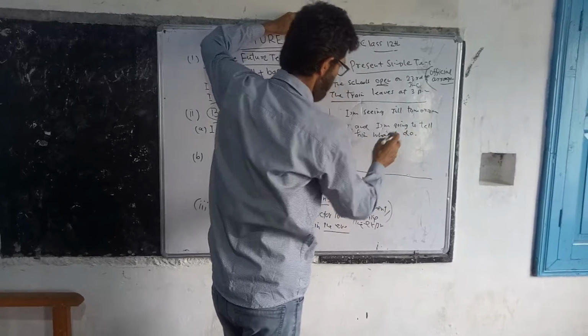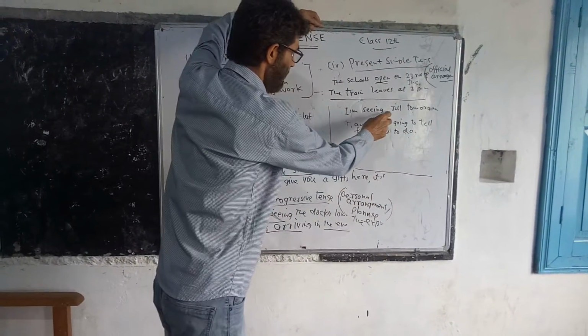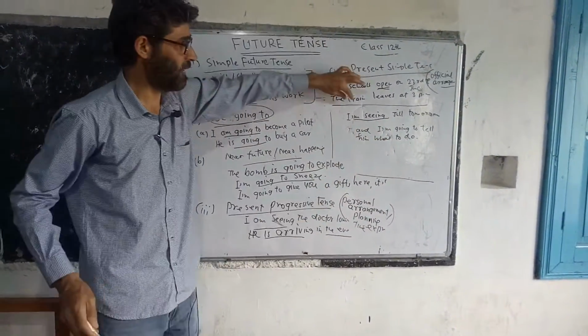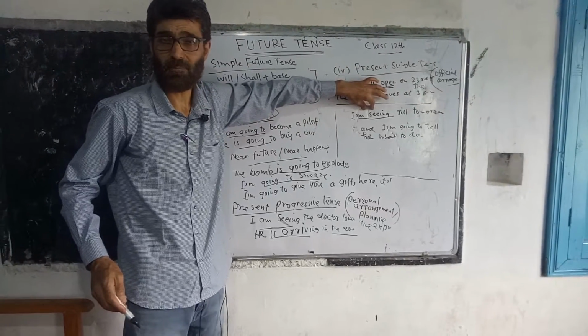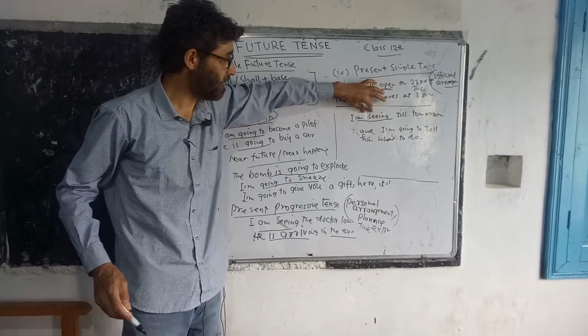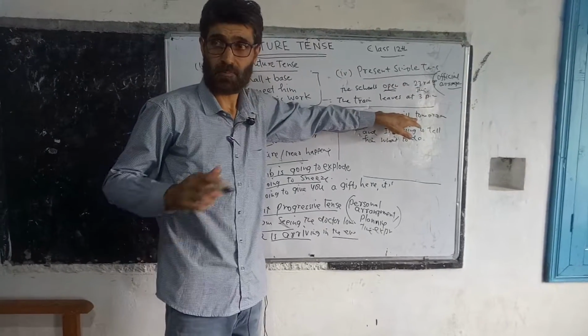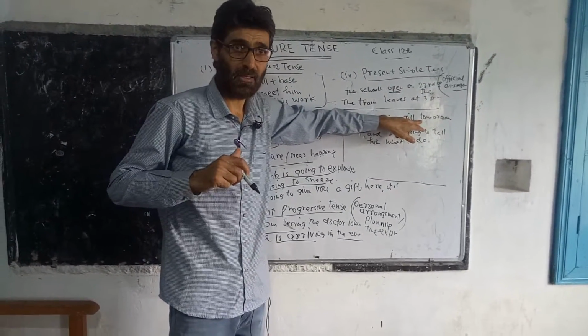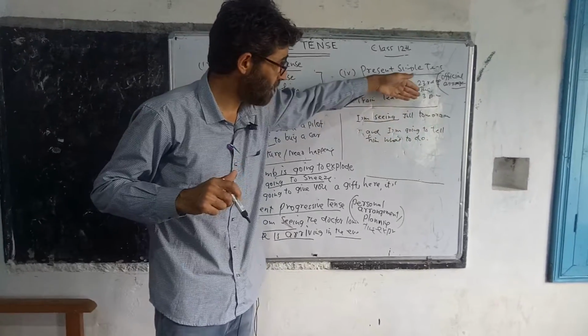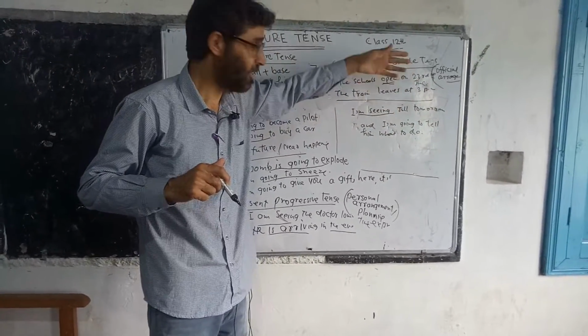Very very interesting example. Try to understand. I am seeing Jill tomorrow. यहाँ पे हमने कौन सा tense use किया future दिखाने के लिए? Present progressive tense, present continuous tense. I am seeing Jill tomorrow. This is our personal arrangement. I am seeing Jill tomorrow means I will meet him tomorrow.